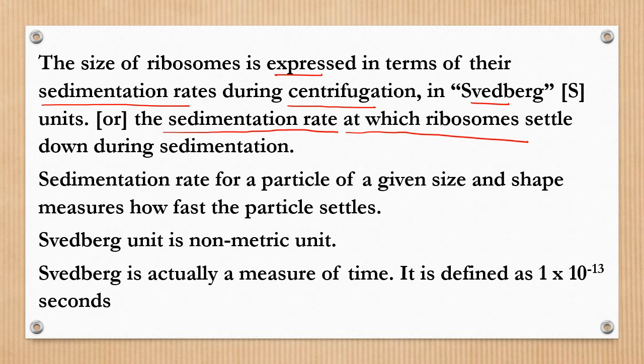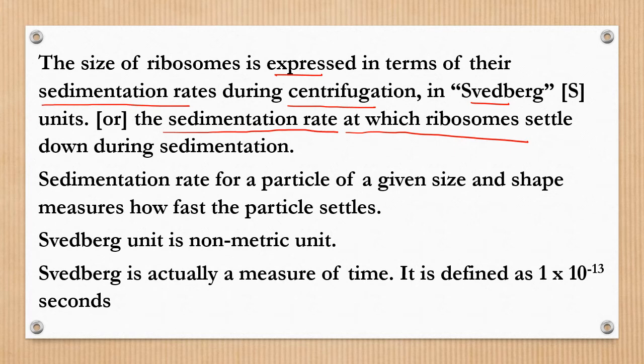That we call sedimentation, settling down at the bottom of the test tube or glass. The sedimentation rate, how much time it takes to settle down during centrifugation, is given as one unit, that is a Svedberg unit.